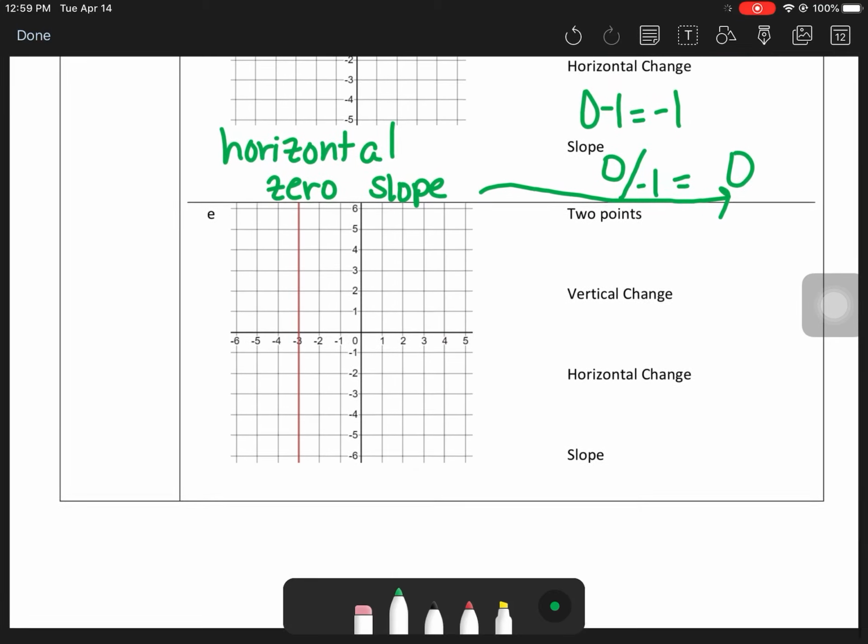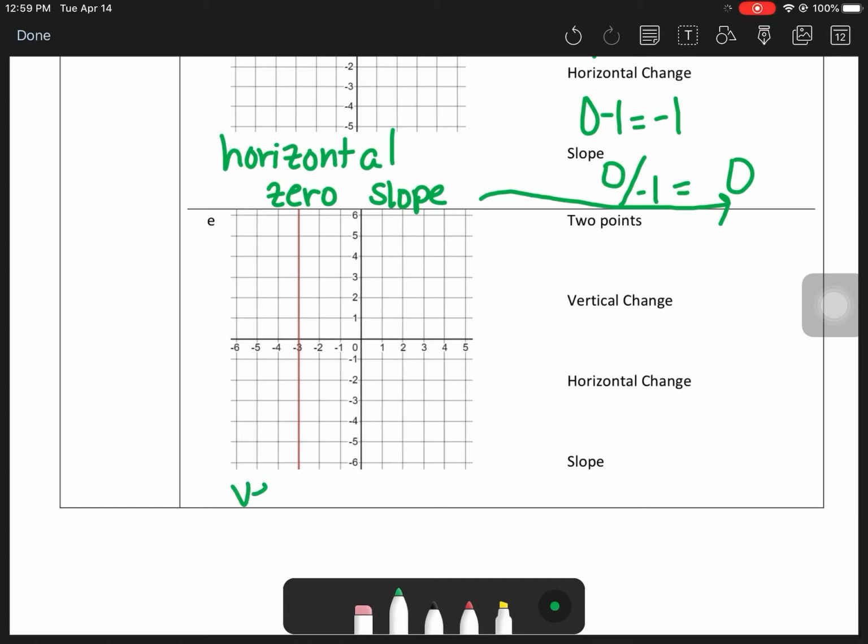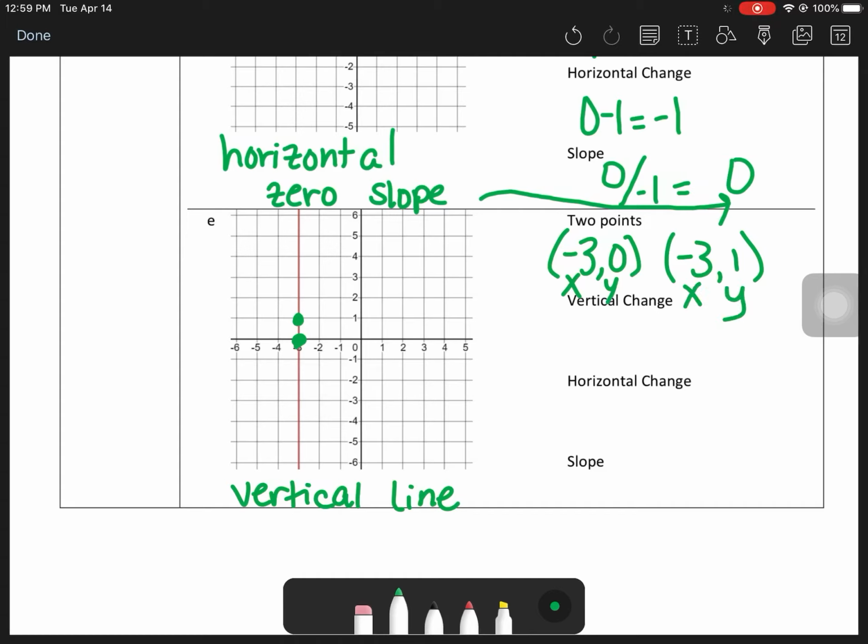The other difference would be a vertical line. So let's pick 2 points. I'll pick this one and the one right above it. So -3, 0, and -3, +1. Our x's and our y's are going to be labeled.